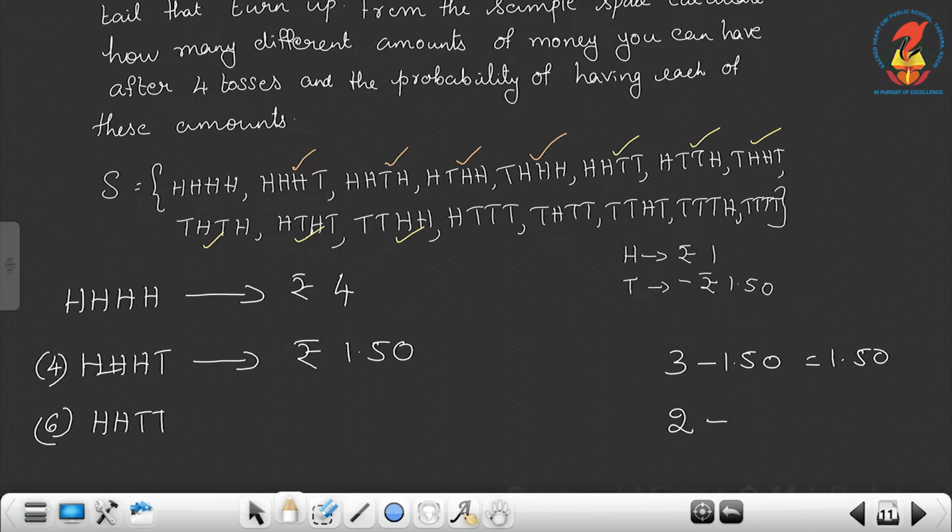From that subtract double T. For 1T we lose 1.50. So for 2T, 1.50 into 2, that is 3 rupees. So 2 minus 3 means minus rupees 1. Okay. So that means rupees 1, that is minus.